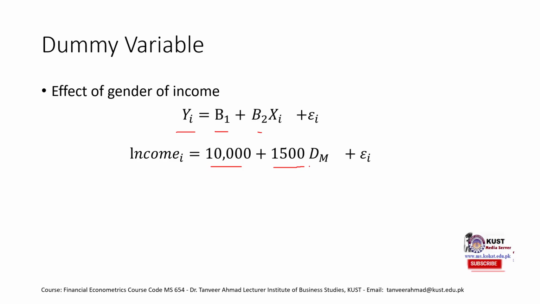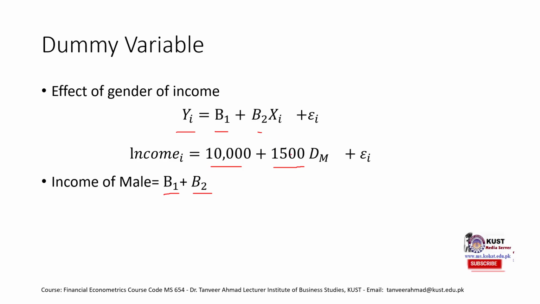Now, how do we interpret these coefficients? What would be the expected salary of male? The expected salary of male would be the constant term plus the beta coefficient. Now how do we interpret this 1500?